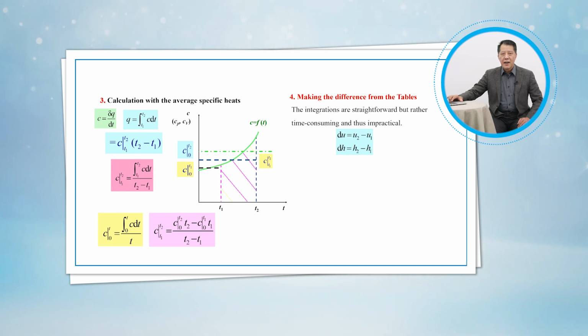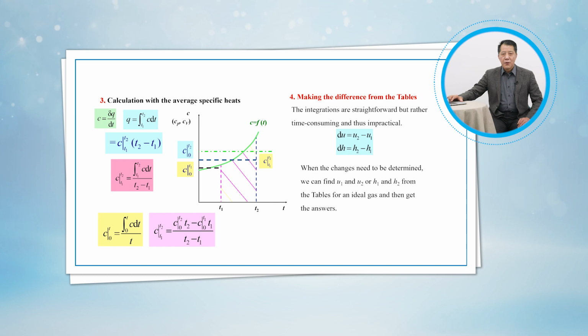These tables are obtained by choosing an arbitrary reference point and performing the integrations by treating state 1 as the reference state. In the ideal gas tables given in the appendix, 0 Kelvin is chosen as the reference state, and both the enthalpy and the internal energy are assigned 0 values at that state.